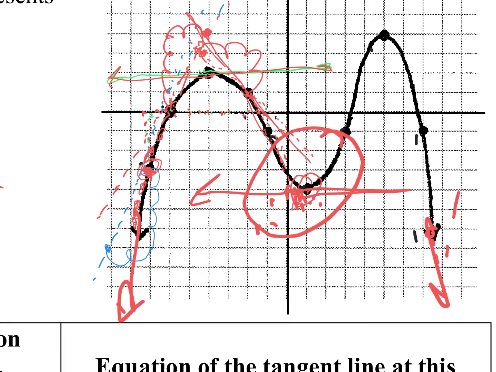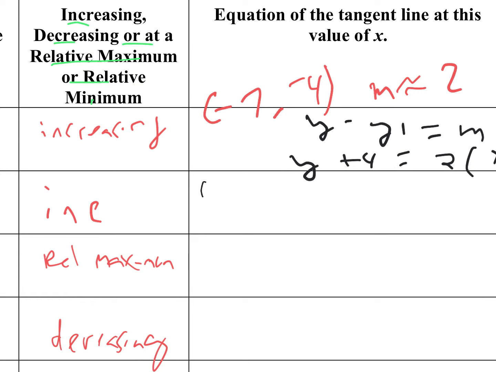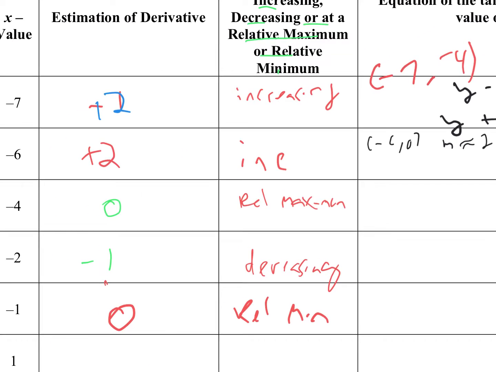So when I do the next one at -6, I got to find the -6. 1, 2, 3, 4, 5, 6. Where does the y value look like to you on your paper? Somebody? It looks like a 0. So I'm going to put the ordered pair to be -6, 0, and that slope also was about a 2. Yep.